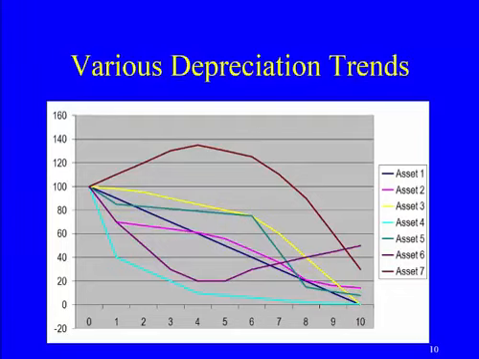Now, collectible wine is probably the best example of an asset that has this rather peculiar depreciation character, because after the wine is bottled, its value actually increases over time as it approaches its optimum drinking age. And so in this case we're suggesting that might be 5 years after it's bottled.